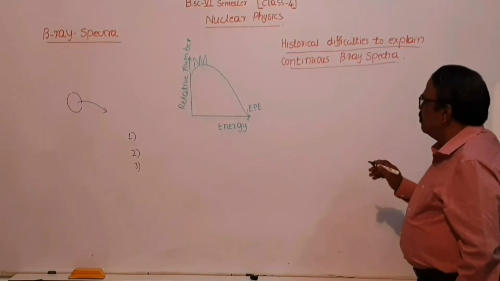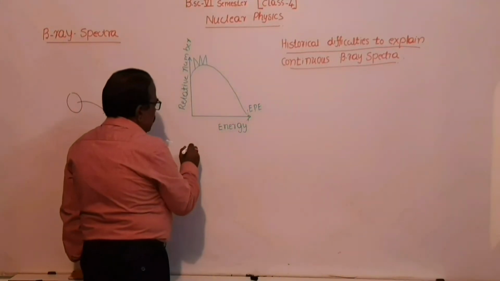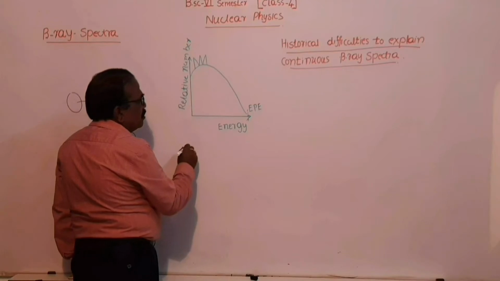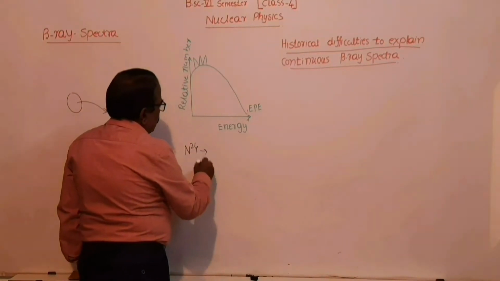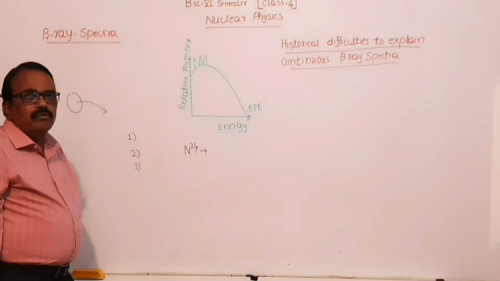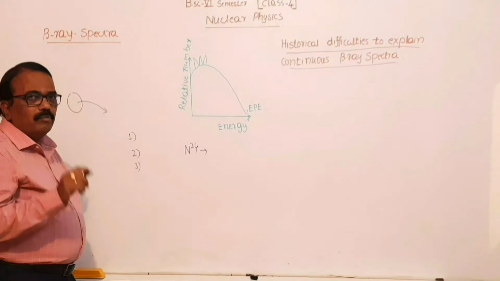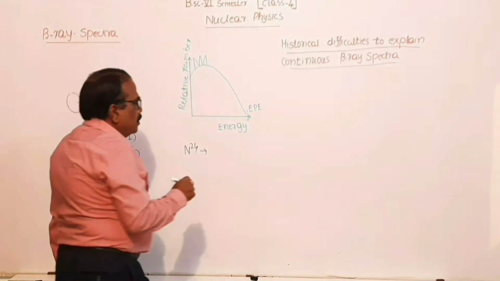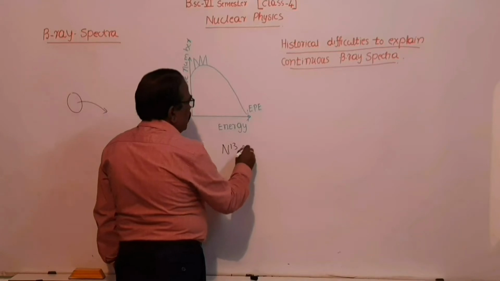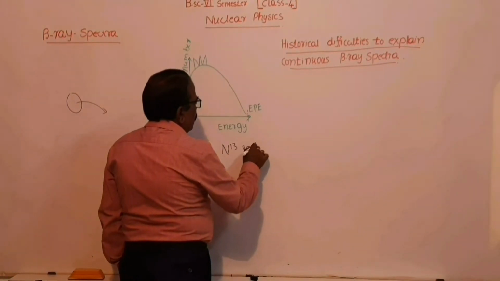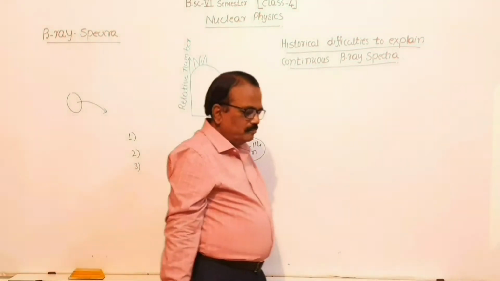But it is found that only N24 emitted beta particles along with gamma rays, whereas N13 and In114 do not emit gamma rays.